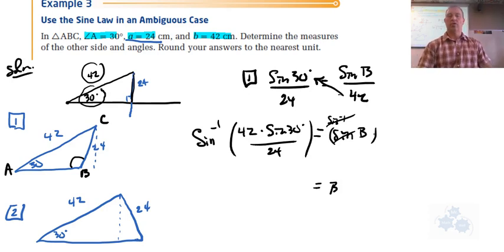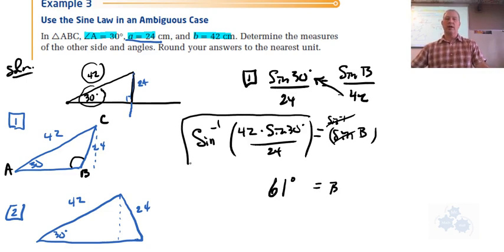So if we go ahead and do that on your calculator, you should have angle B being about 61 degrees. Make sure you can do this on your calculator, it should give you 61.044 or something. Does that look reasonable?